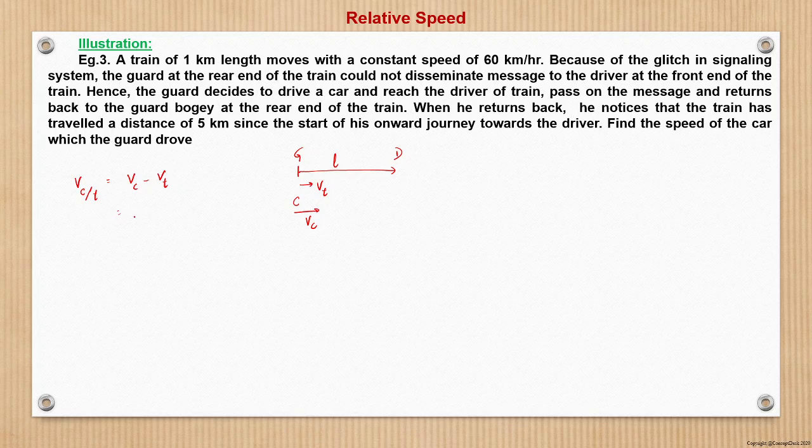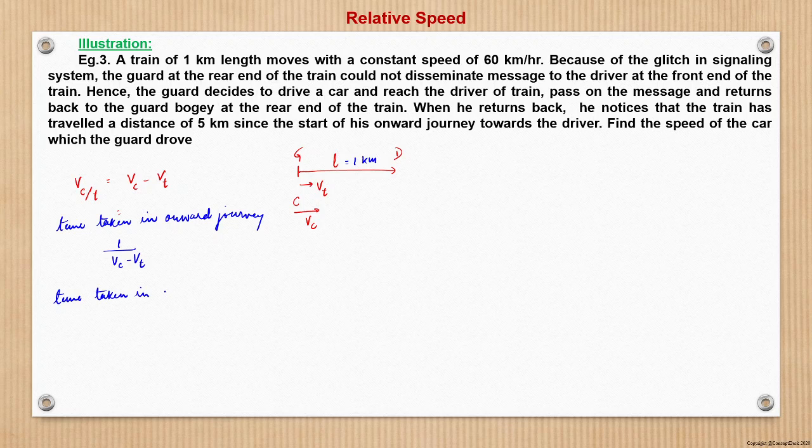So what is the time taken in the onward journey? T1 will be 1 upon Vc minus Vt.